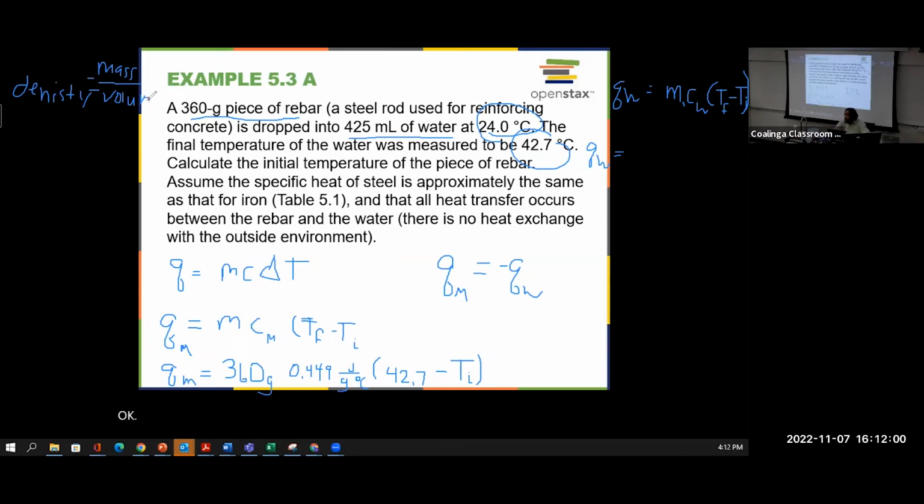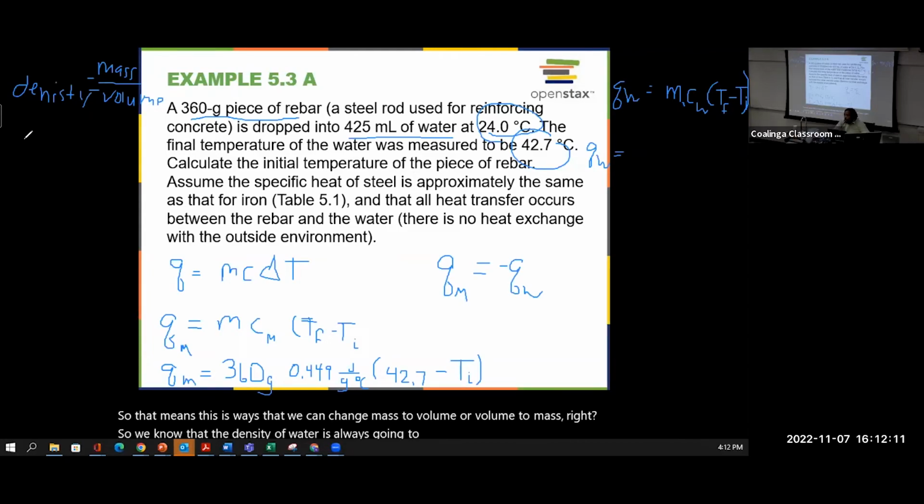So that means this is a way that we can change mass to volume or volume to mass, right? So we know that the density of water is always going to be constant.